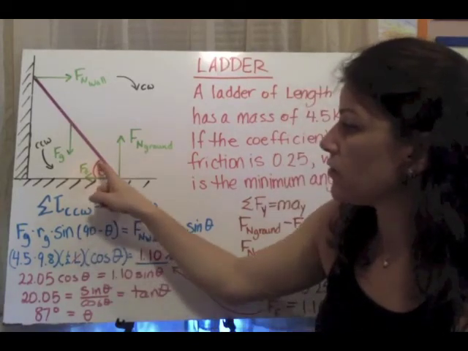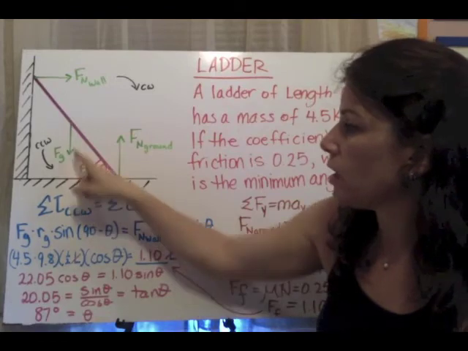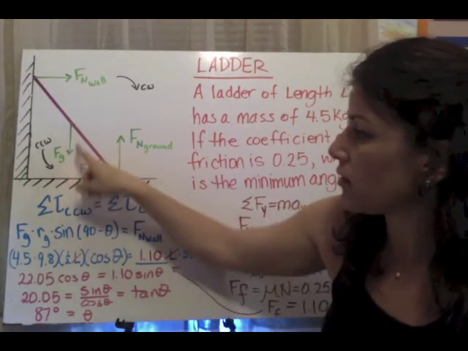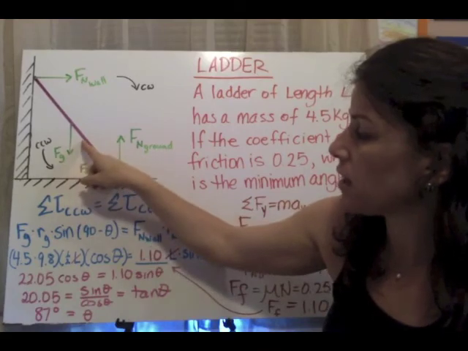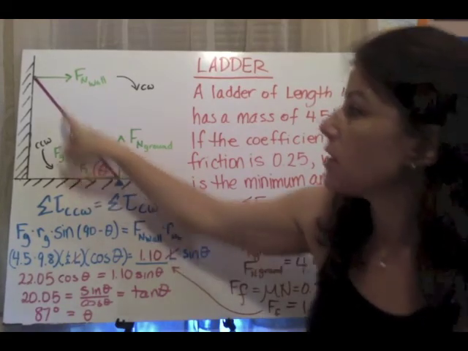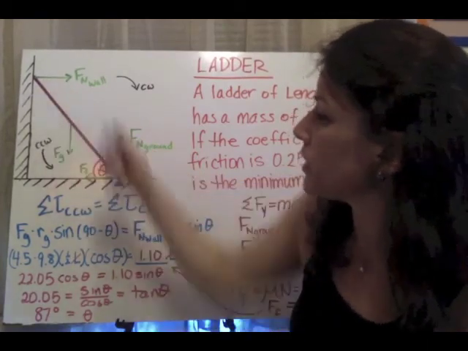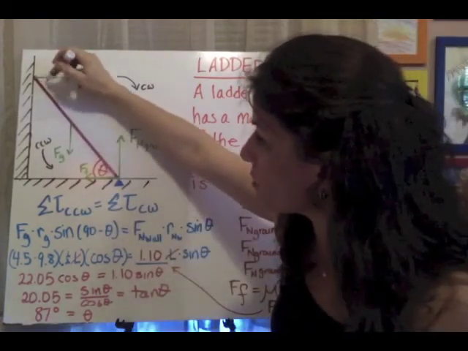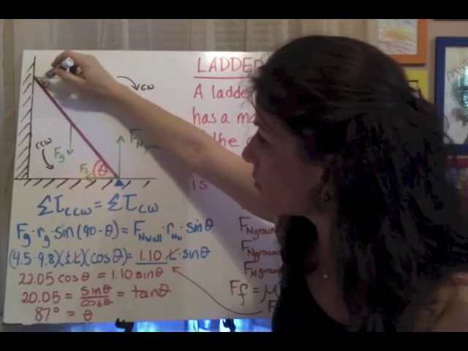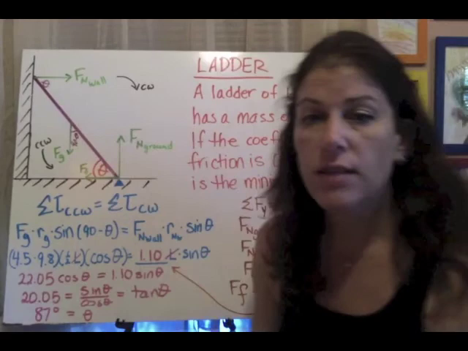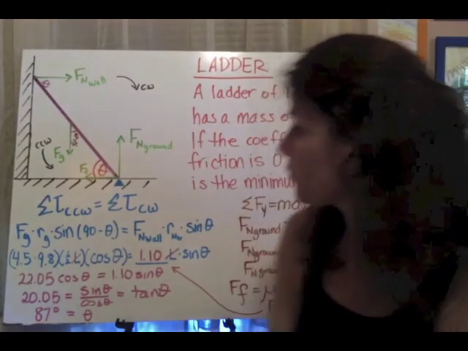If this is the angle you're looking for, this weight force and the friction force make a right triangle. So this angle in here is 90 minus theta. This angle here is an alternate interior angle, so it's going to be equal to theta. So this is theta, and this is 90 minus theta. That's important to identify also.